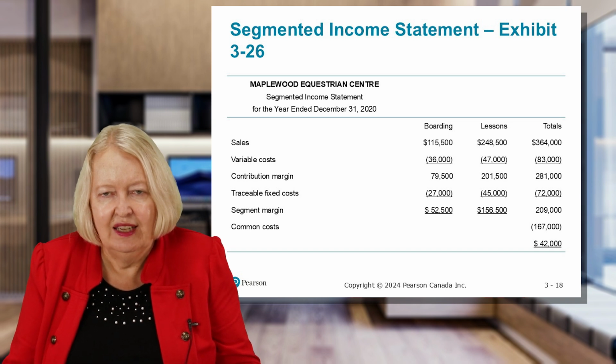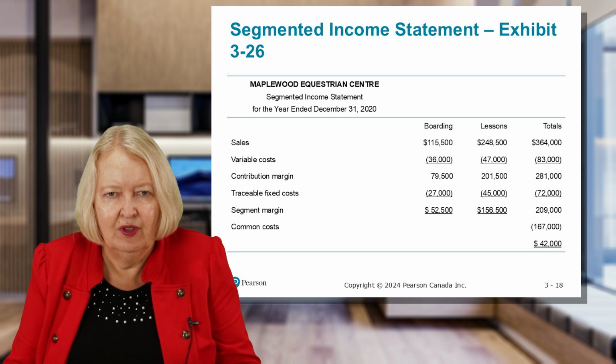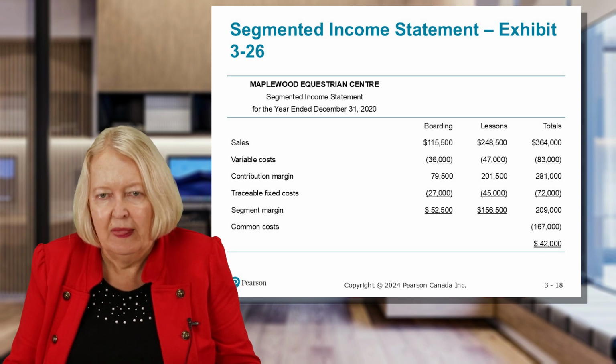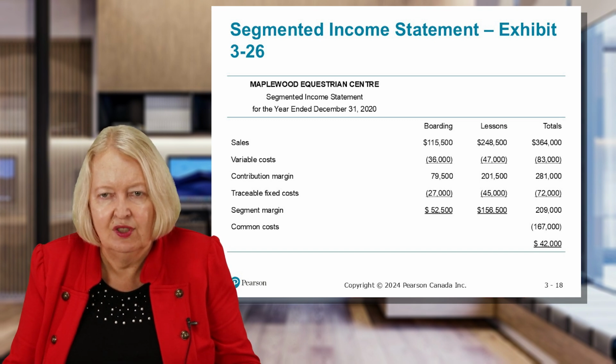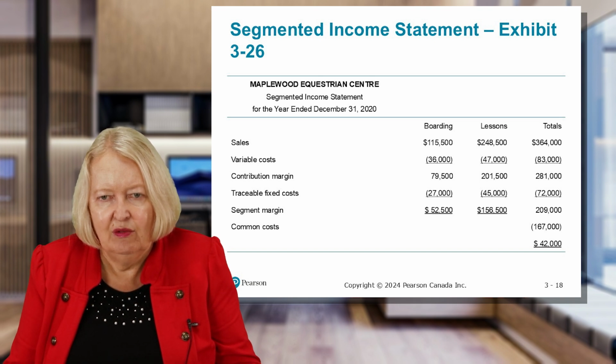So when you're looking at a segmented income statement, in this example for the Maplewood Equestrian Center, you're breaking down their business into the 2 major segments that they have. They offer boarding for the horses and then horse riding lessons. You can see here the segment margin is how much each of these 2 divisions is making for the company.